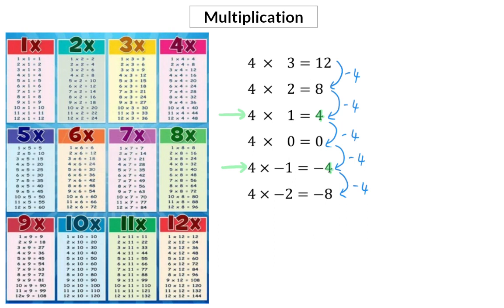The only difference is when I multiply by the negative 1, my answer is negative 4. Similarly, 4 times 2 is 8, and 4 times minus 2 is also 8, but now negative 8.